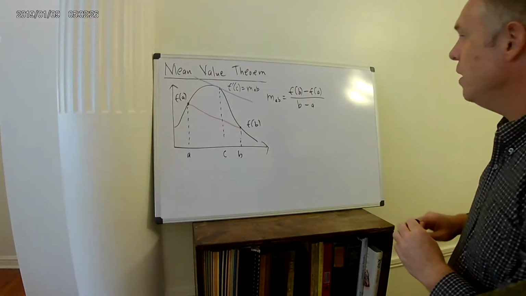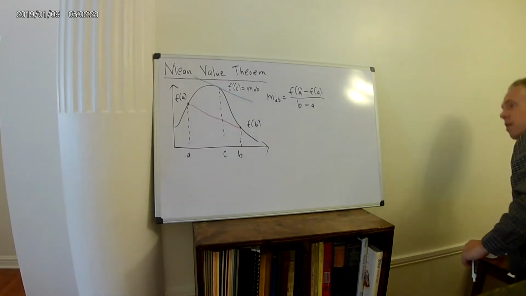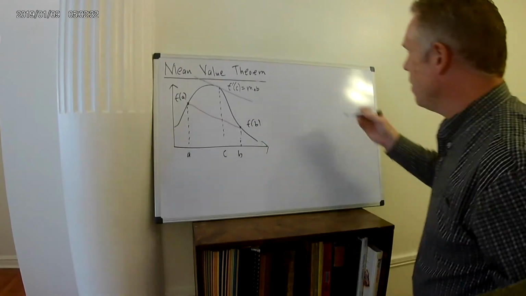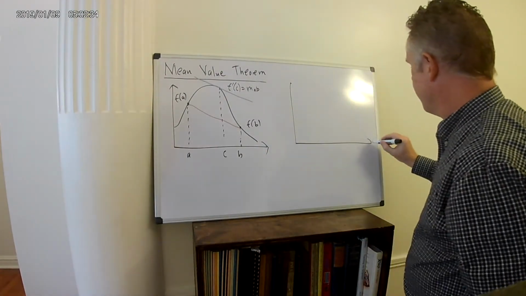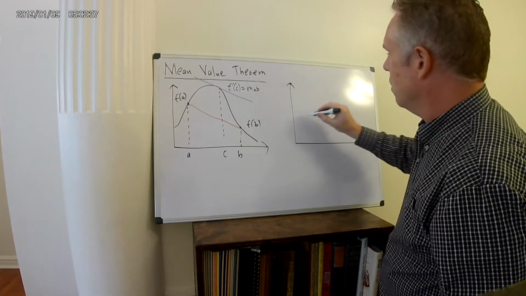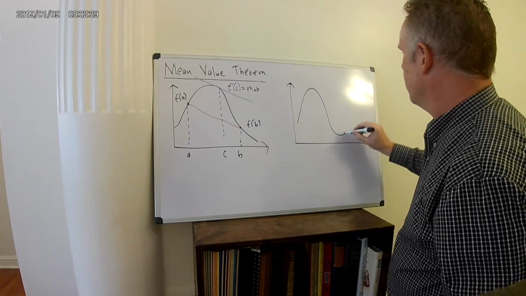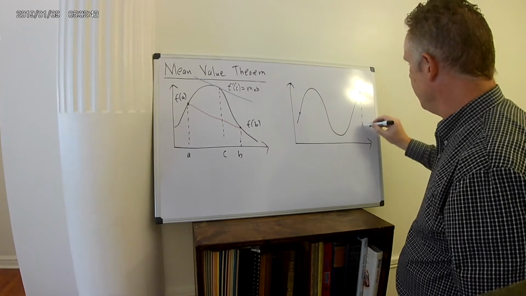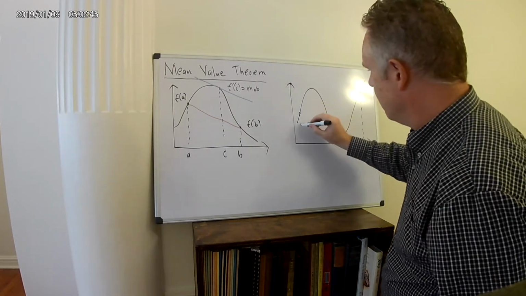Okay? We could have another curve. We could have a case where we have 2 points, A and B, not necessarily the same value of the function at those points.